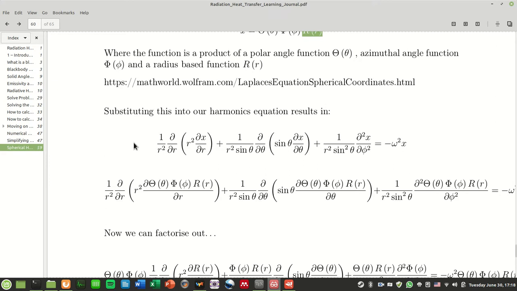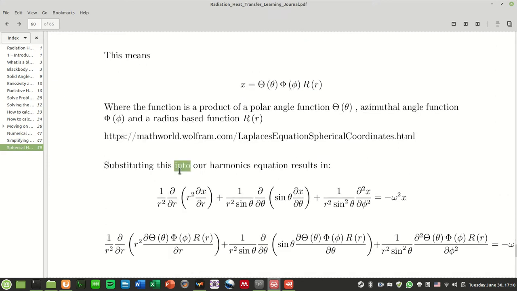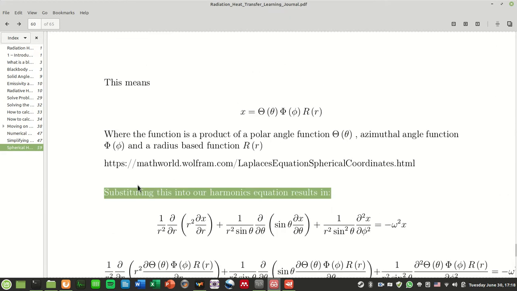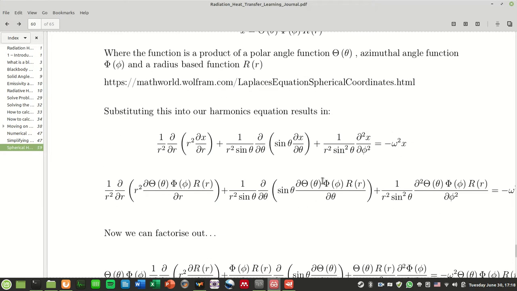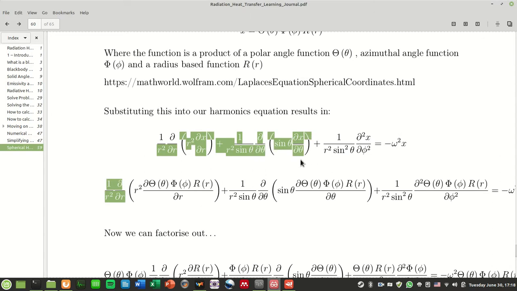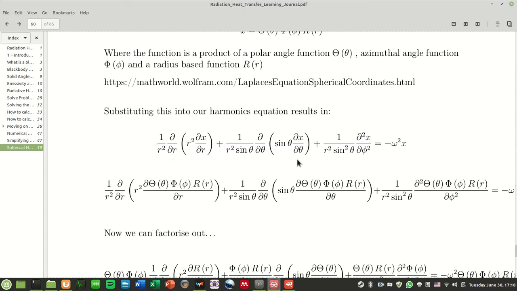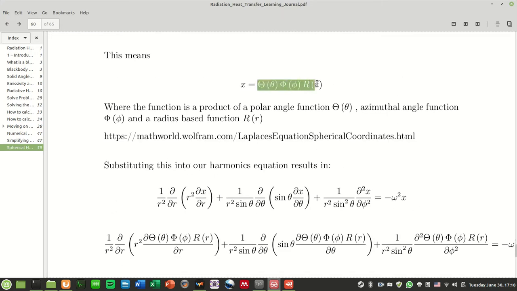So if we were to substitute this into the harmonics equation, it will look like this. Nabla squared, or also del squared x, equals minus omega squared x. Then we try to replace x with this expression.